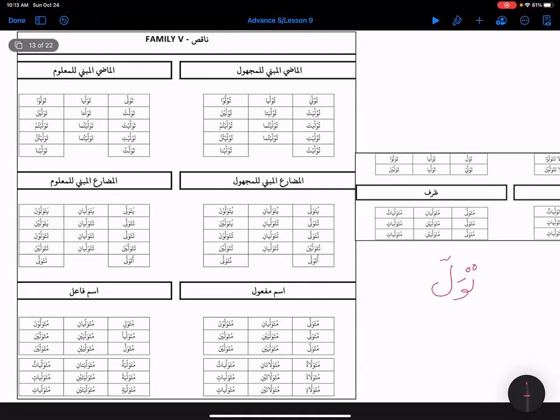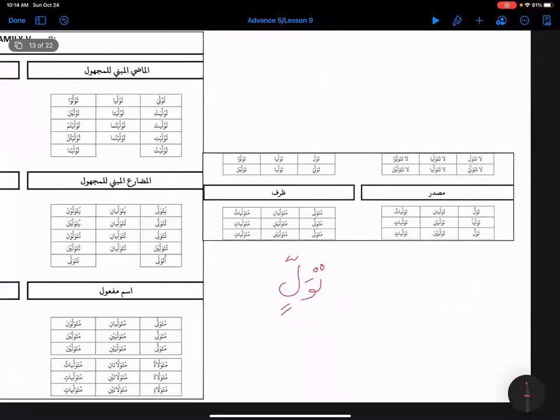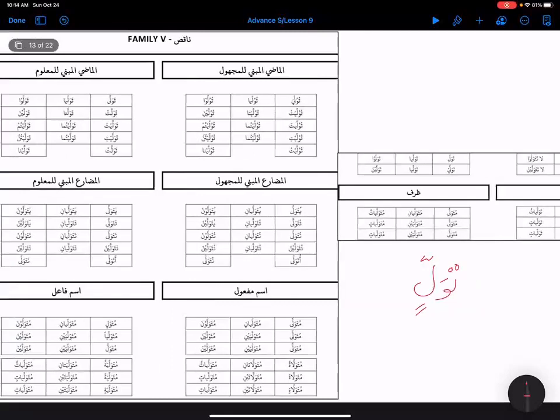No, sister, because families 5 and 6 have a different pattern. Family 5 and family 6, the patterns are different, only for these two families.